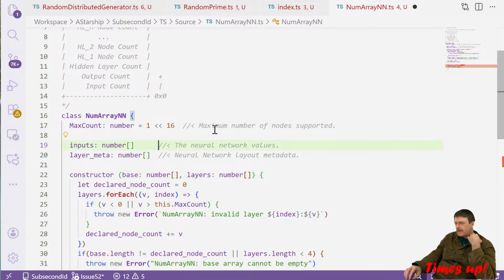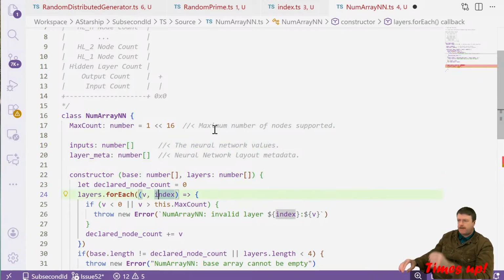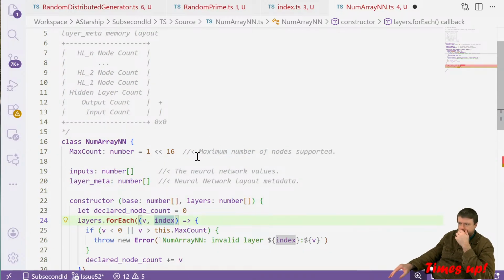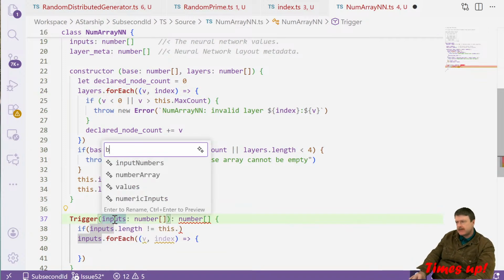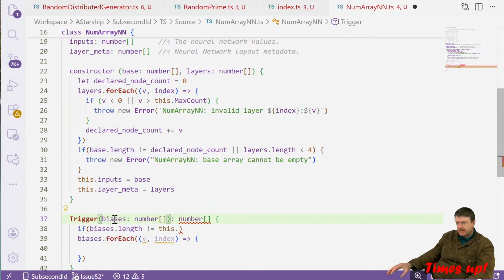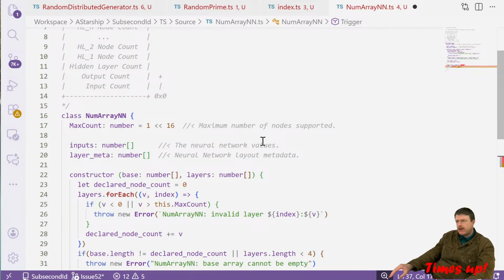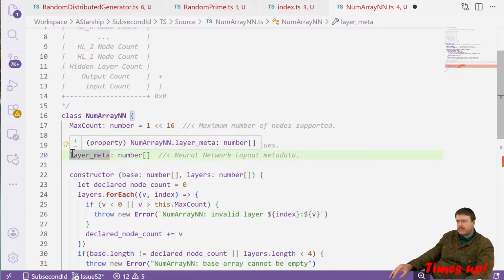Man, this AI code stuff's kind of annoying. And then what the bias is? Wait, no. What am I doing?